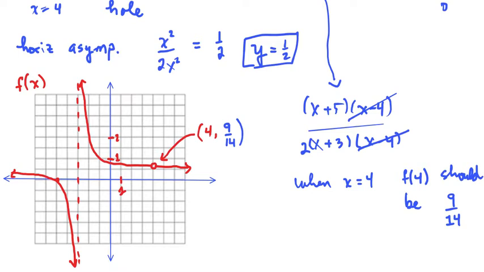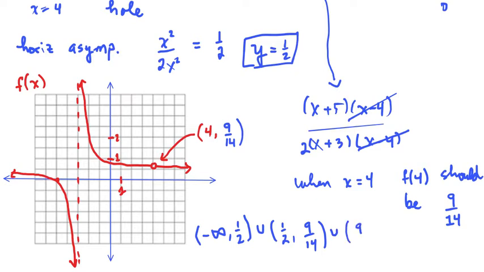It doesn't actually touch 1/2. So the range is going to be -infinity to 1/2, in union with from 1/2 up to 9/14, and then from 9/14 up to +infinity.